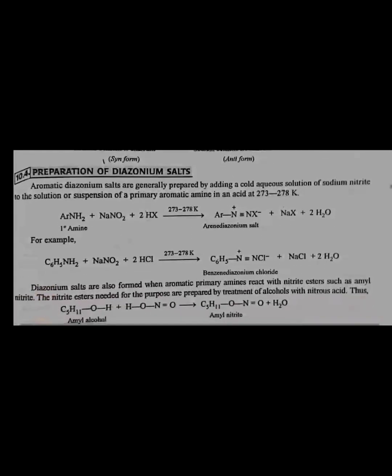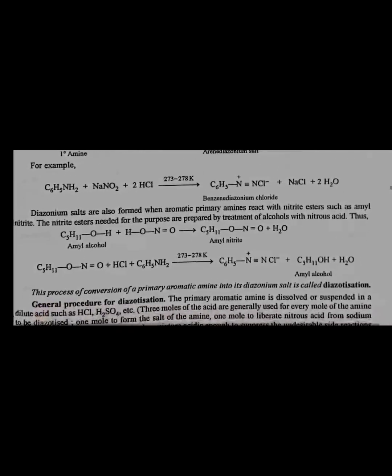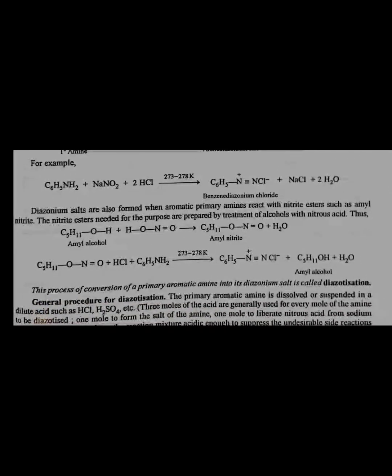10.4 Preparation of diazonium salts. Aromatic diazonium salts are generally prepared by adding a cold aqueous solution of sodium nitrite to the solution or suspension of a primary aromatic amine in an acid at 273 to 278 Kelvin. Diazonium salts are also formed when aromatic primary amines react with nitrite esters such as amyl nitrite.